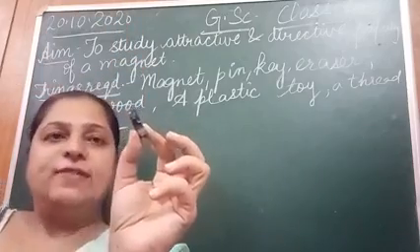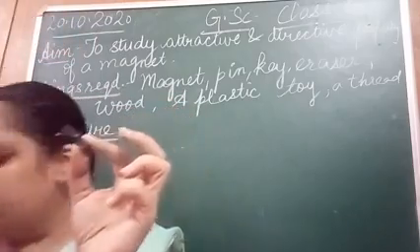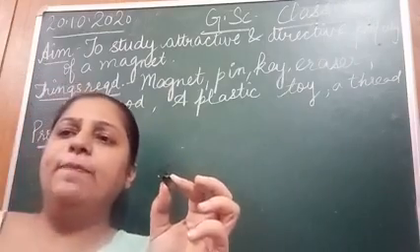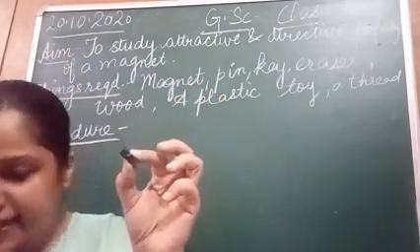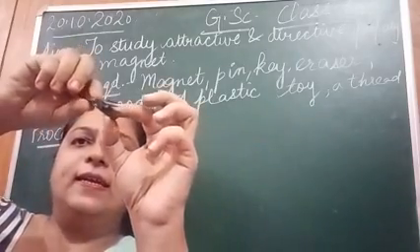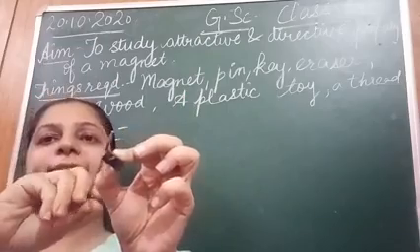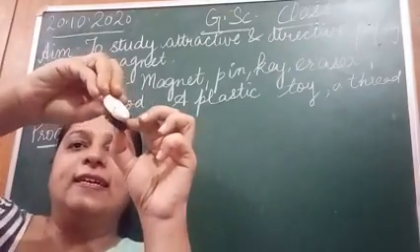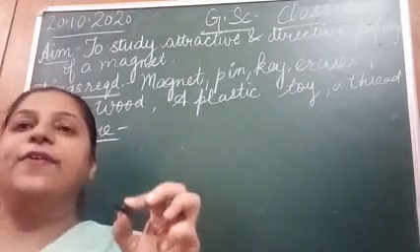No, it will not get attracted, right? It is falling down. Now I am going to bring this key near the magnet. Look, it is getting attracted. This, look, it is also getting attracted, right? Then I am bringing the eraser near it. Is it getting attracted? No, it is also not getting attracted.